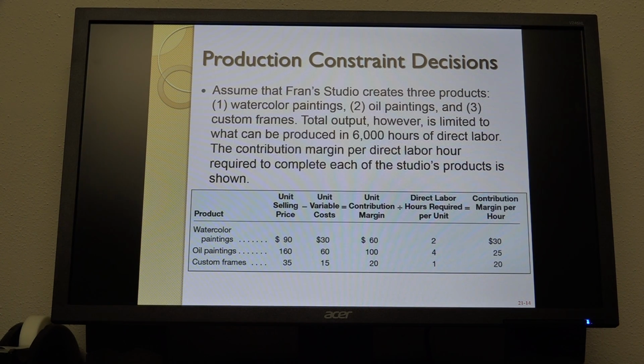And so, in their example, we have this art studio or something like that that creates 3 products: watercolor paintings, oil paintings, and custom frames. Total output, however, is limited to what can be produced in 6,000 hours of direct labor.